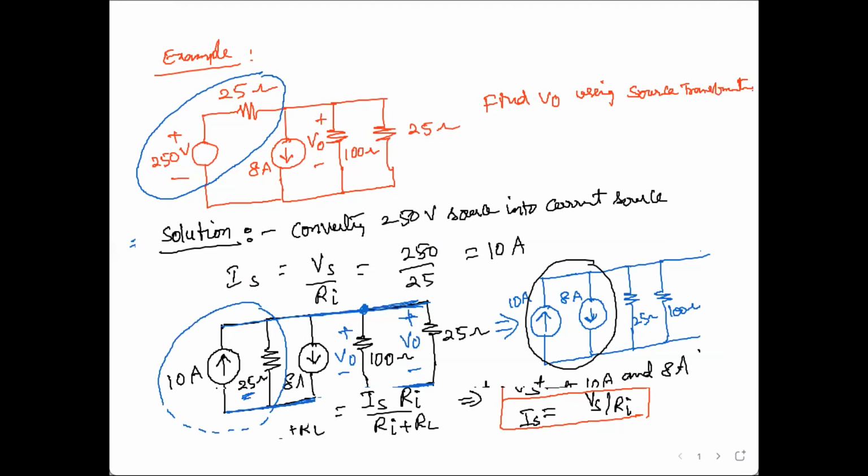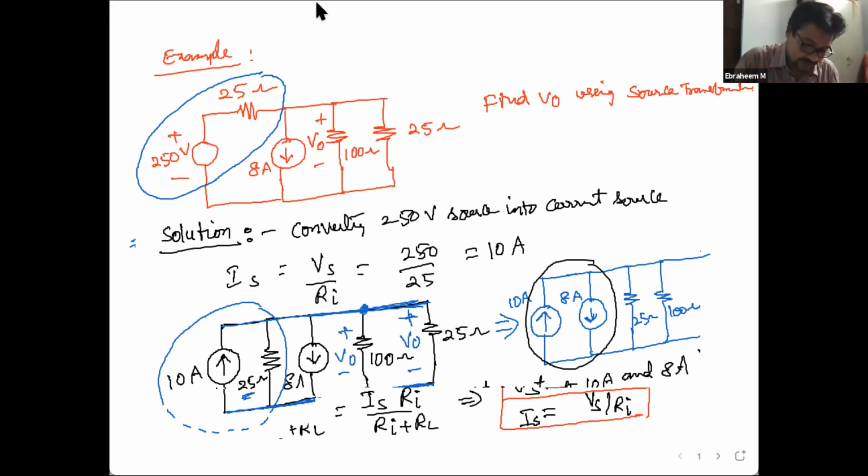One person asked, why can't 10 amperes and 8 amperes become 18 amperes instead of 2 amperes? They are in cyclic flow. Good question. If you observe the right side blue circuit, what is the node here?